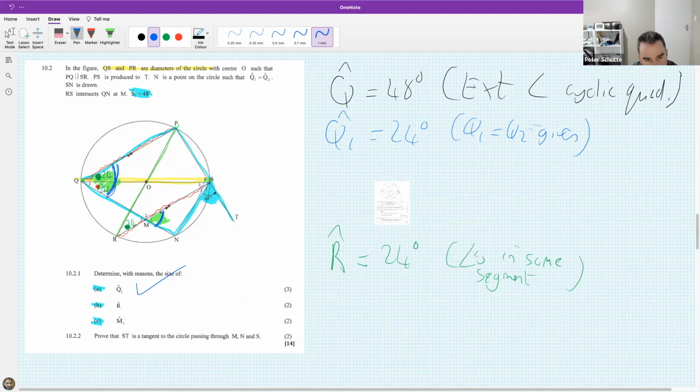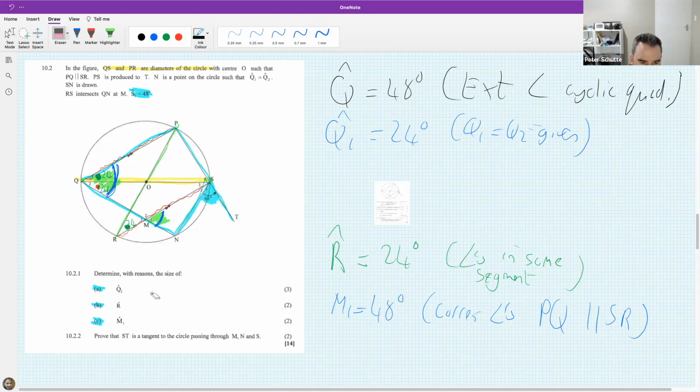I didn't see that straight away. So M1 is 48 degrees, corresponding angles. And what is the reason going to be? I mean, what's the parallel lines? It's going to be PQ parallel to SR.